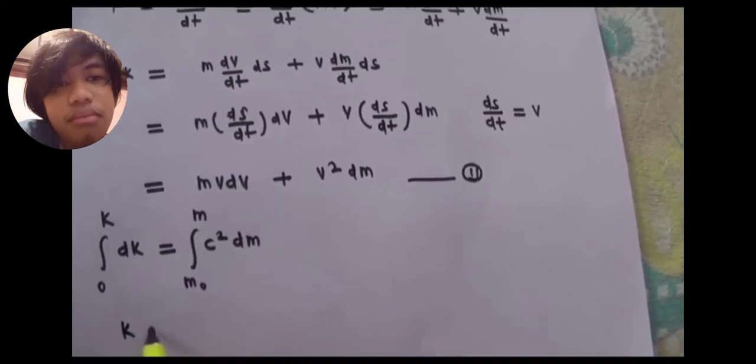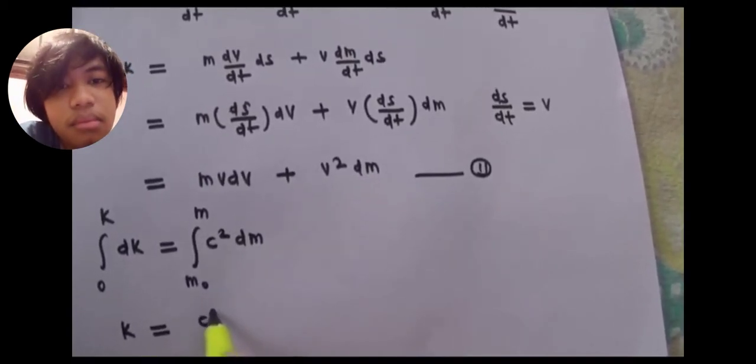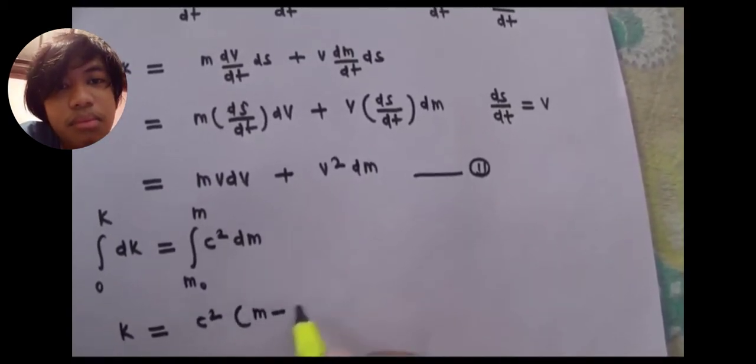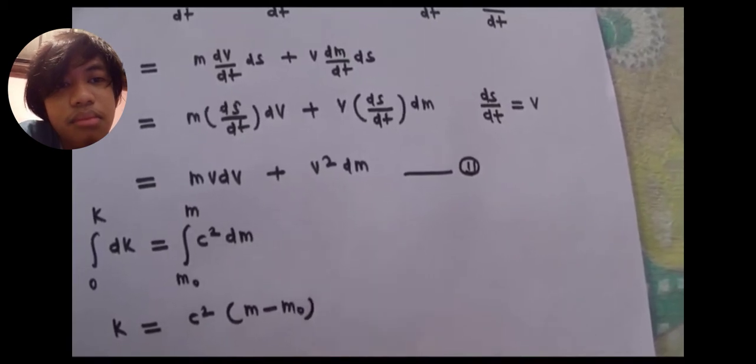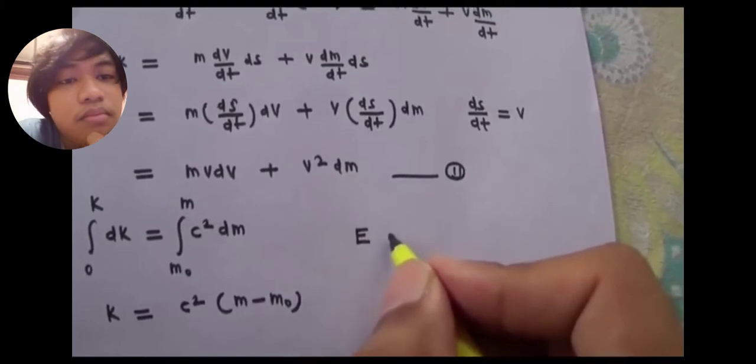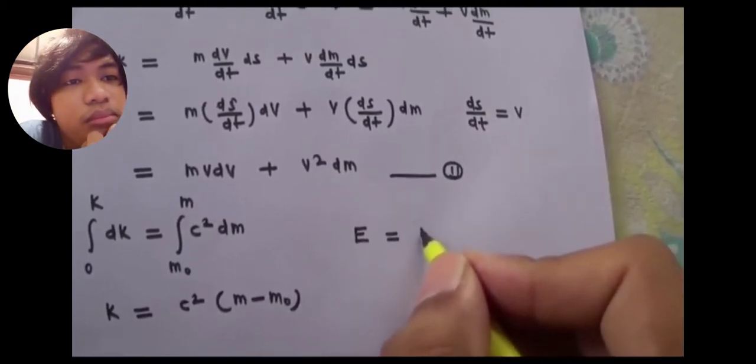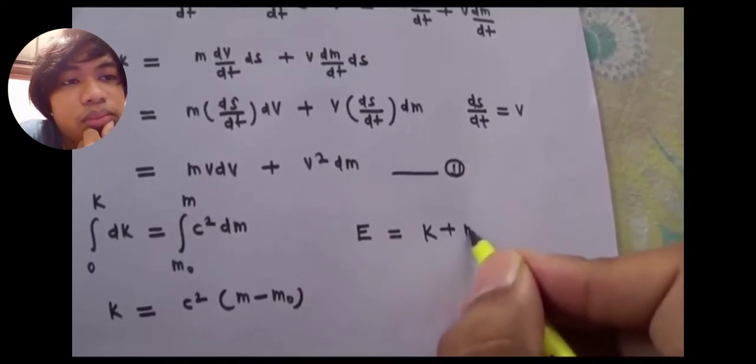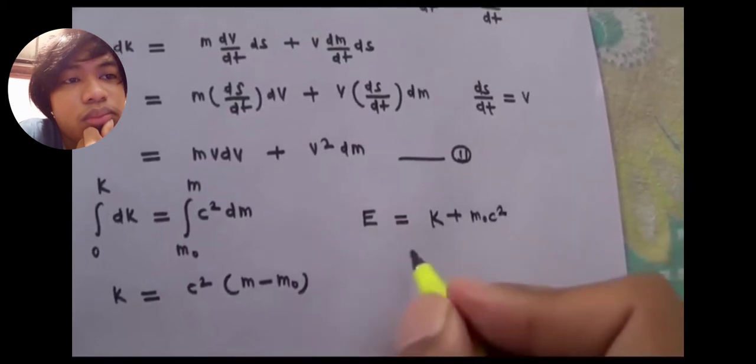Therefore, K is equal to c square times (m minus m0). Now, total energy E is equal to kinetic energy plus rest mass energy.